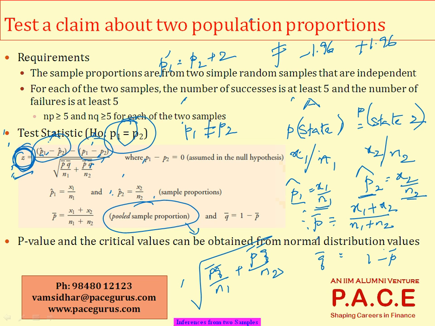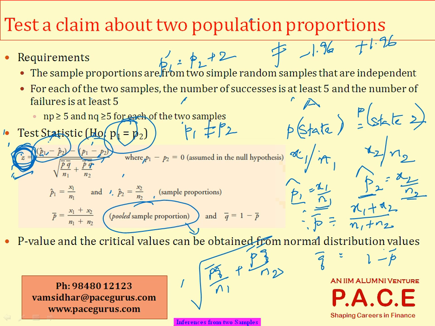Then I will see whether my test statistic is within minus 1.96 to plus 1.96, or in the critical region, which is outside these limits. If it is outside these limits, I'll reject the null hypothesis and say there is a statistical difference between the proportions of these two populations. Otherwise, I cannot reject the null hypothesis and say there is not much of a difference between the proportions of these two populations.